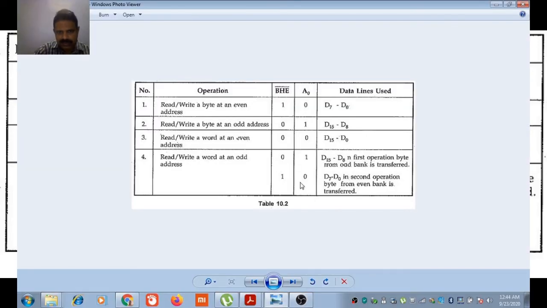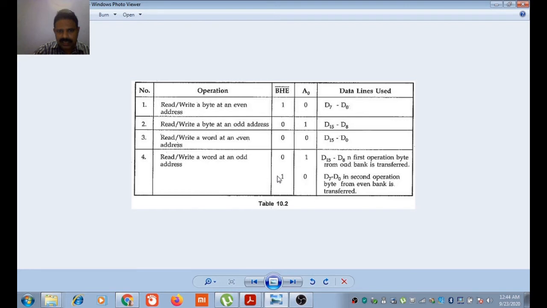Then it has to put the even address on the address lines. It will make A0 equal to 0 and the processor will make BHE bar equal to 1. Then the even bank will be enabled and data at the even address location will appear on D0 to D7. It needs 2 bus cycles.